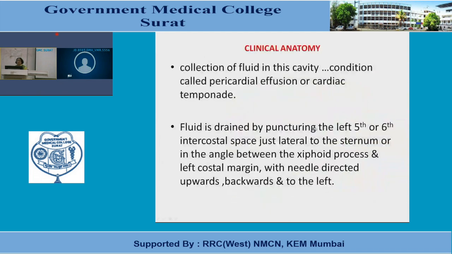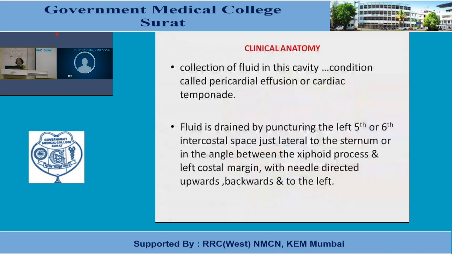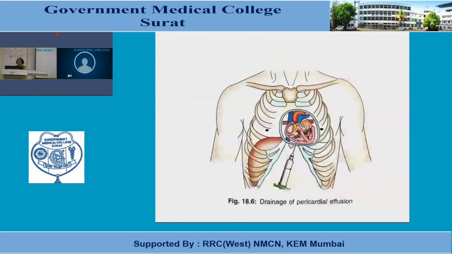Here we can see puncturing the left fifth or sixth intercostal space just lateral to the sternum. So this is the sternum and this is lateral to the sternum, or at the angle between the xiphoid process and the left costal cartilage. You can see here the xiphoid process is visualized and this is the costal margin.